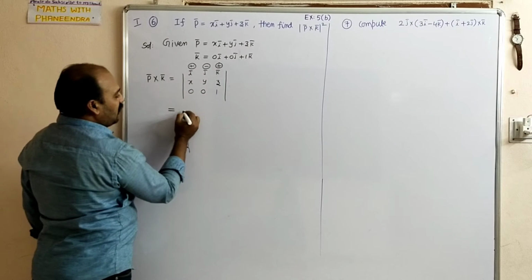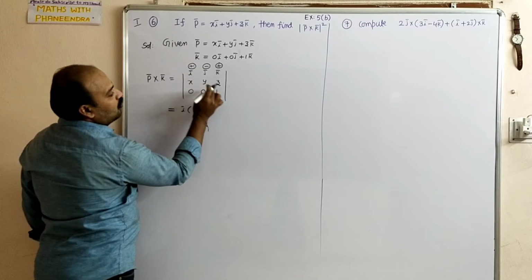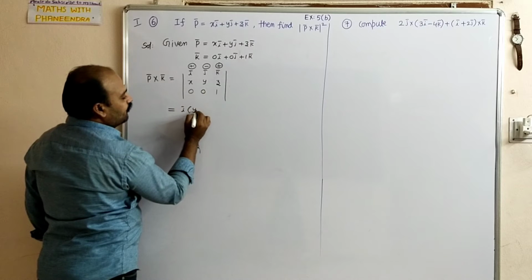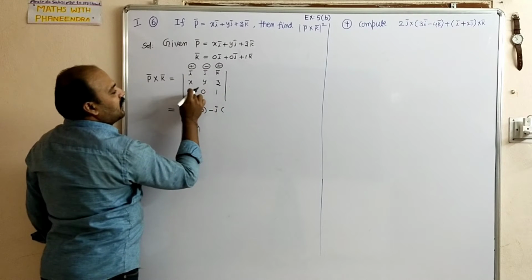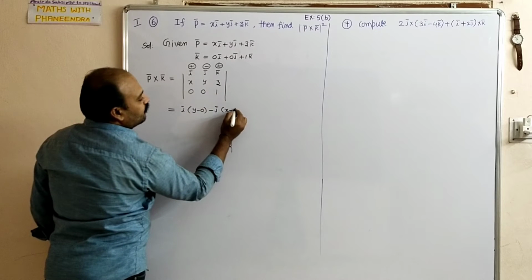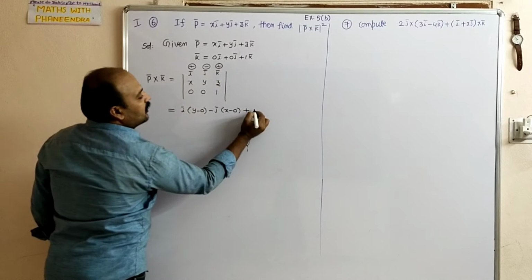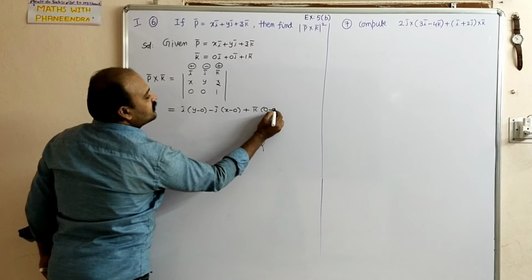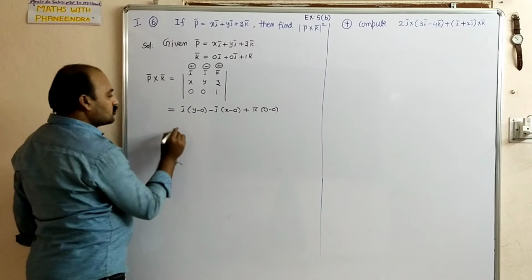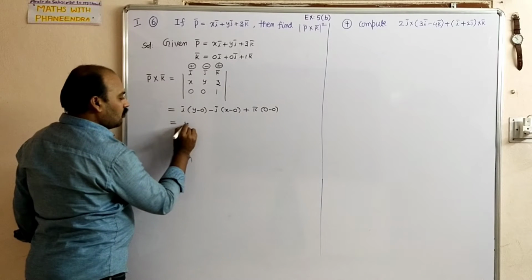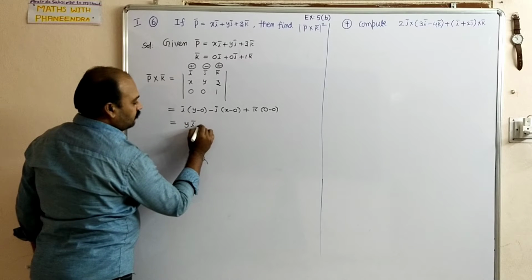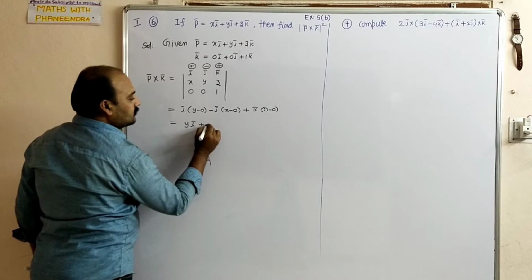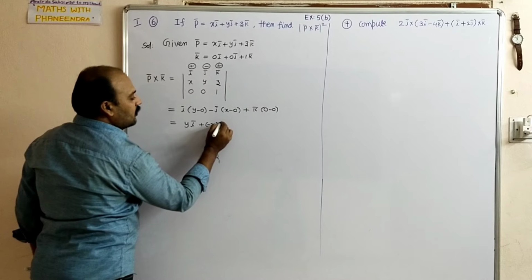So now I bar into y minus 0, minus j bar into x minus 0, plus K bar into 0 minus 0. So now y into I bar plus minus x into j bar.